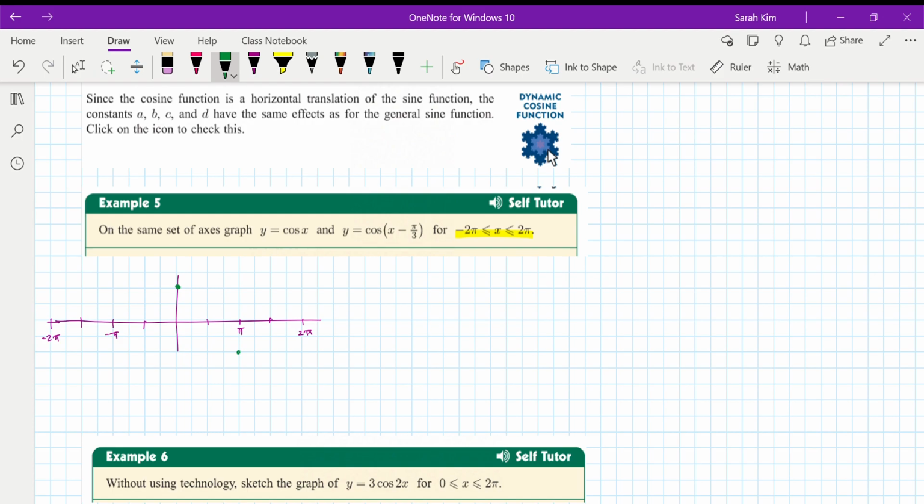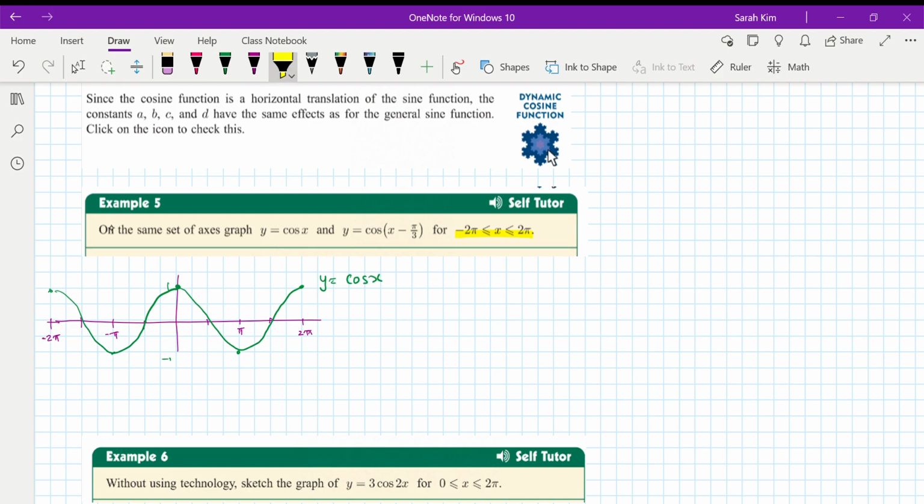So the minimum's here, and the maximum's back up here, so it's 1, negative 1. If I extend it further, minimum, maximum. There we go. So that is y equals cos x.